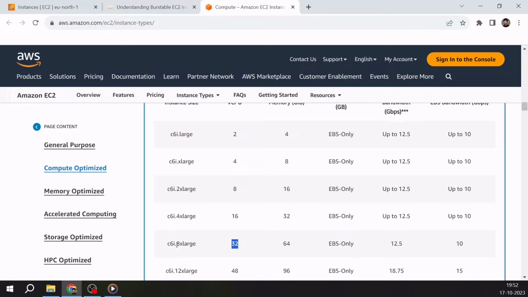So if I create an instance of this type where I am getting 16 vCPU, that is a fixed value. If I create an EC2 instance of this size, I will get 16 vCPU for an hour, or if I run the instance for the whole day, I will get 16 vCPU performance the whole day.